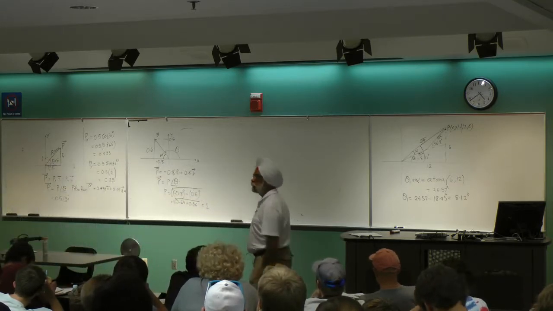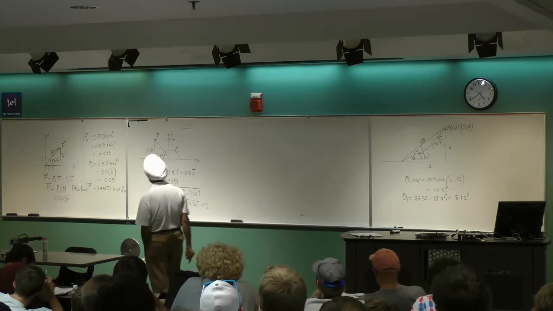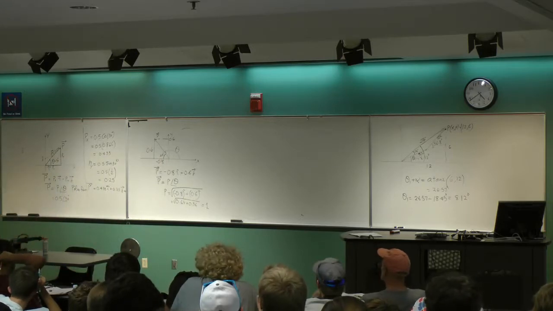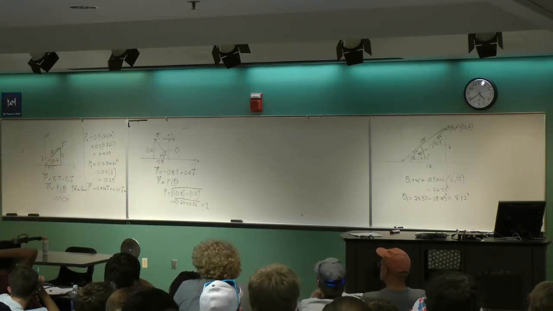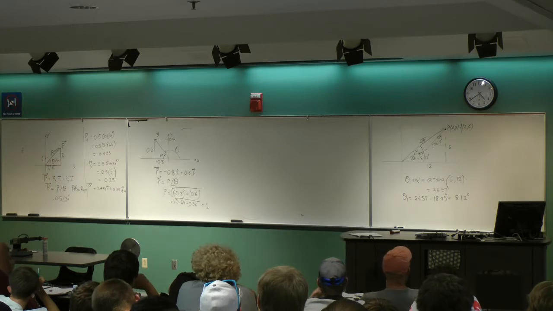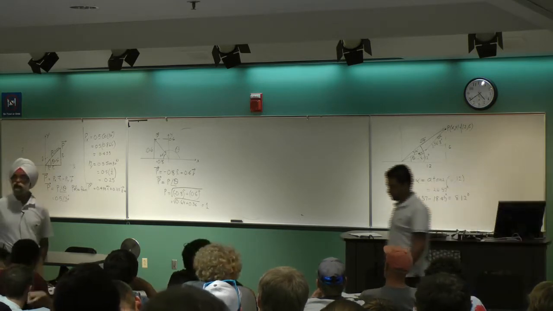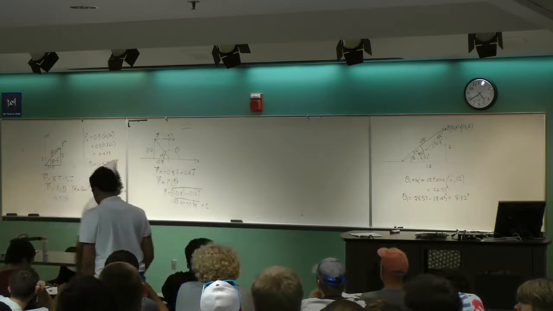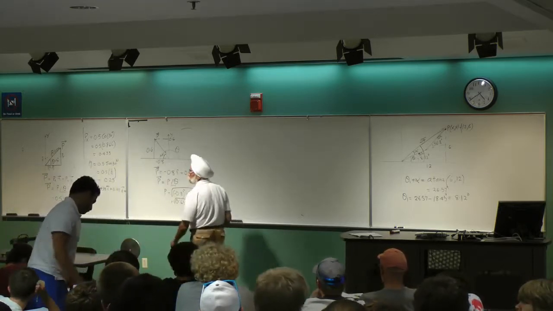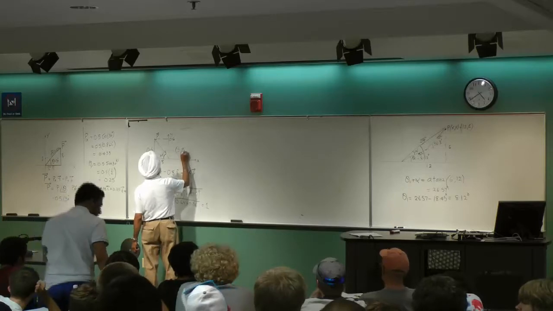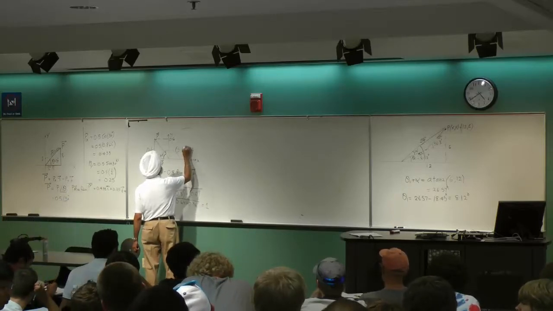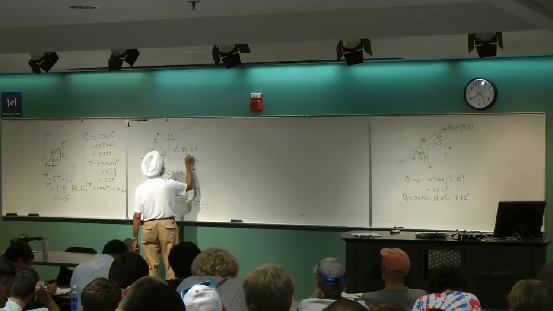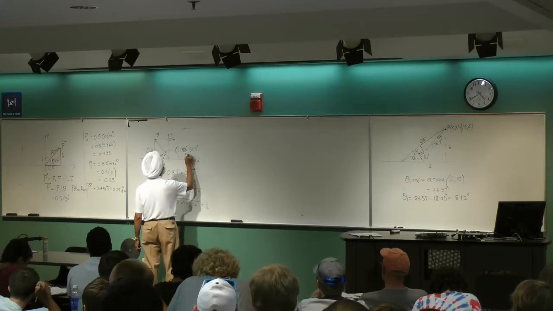Can anybody tell me, I'm sure you did that in high school, what this angle is called? Reference angle. This is called the reference angle. Okay? So the reference angle is 36.8 degrees, and now this angle is 180 minus 36.8 degrees, which is 143.2 degrees.